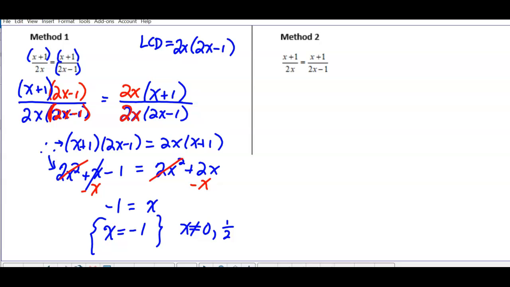Okay, so the other method is 2x times 2x minus 1, both sides. Because there's only one fraction, it actually works out, you can just divide that and get 2x minus 1 times x plus 1. Those divide out. And here, 2x minus 1's divide out.